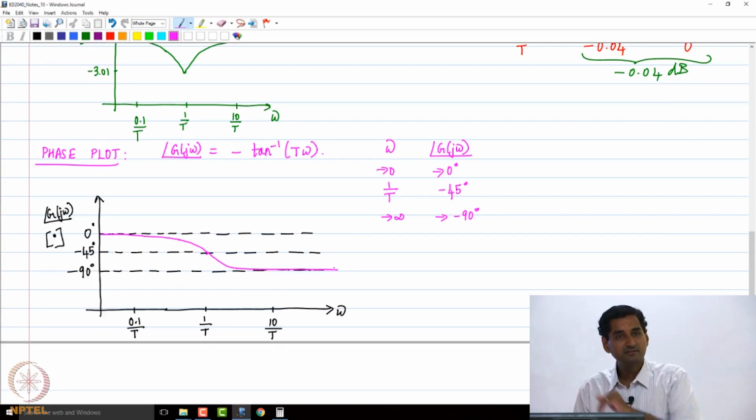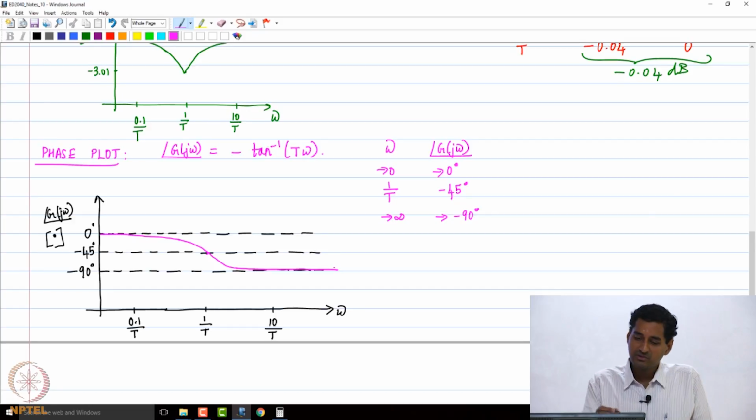So that is how the phase curve is going to look, right. So that is the phase plot of this first order factor, okay. So what we have done is that we have plotted both the magnitude plot and the phase plot for the factor of the form 1 by capital Ts plus 1, right, okay.